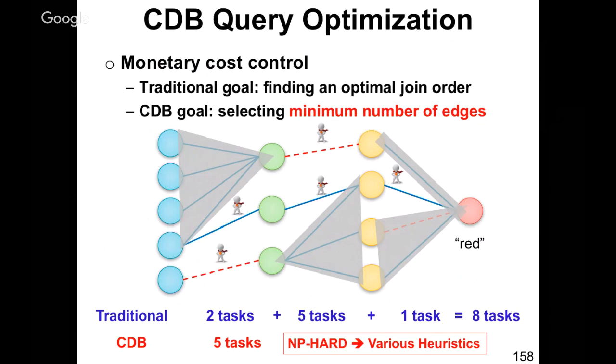So that is the second difference from the traditional ones. For quality control, there are techniques mentioned by Yudian and Cheng about how to optimize each individual question.